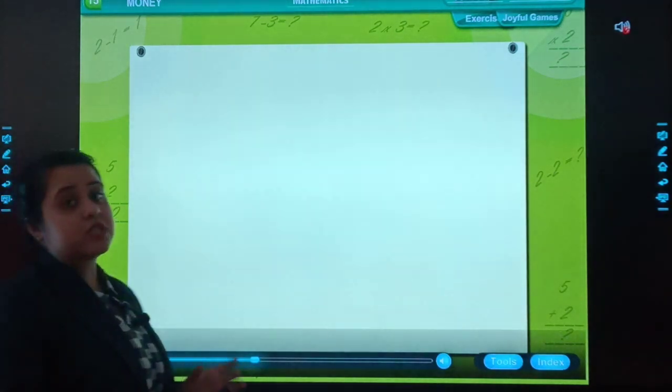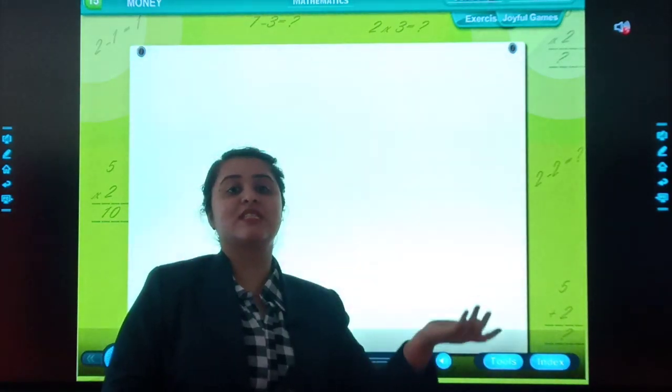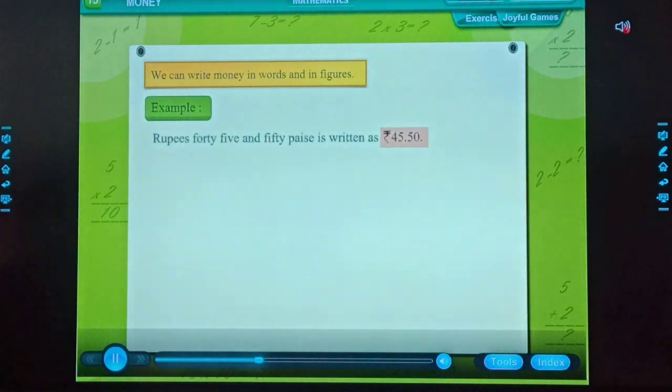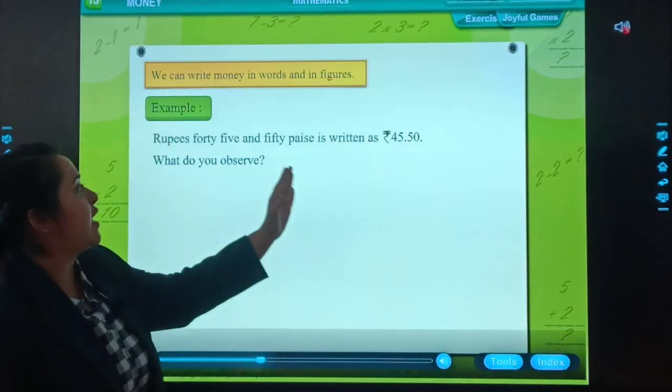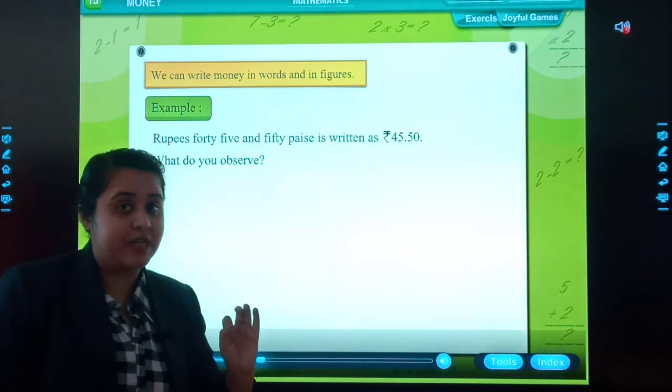So now students, we will see how to write or pronounce money. We can write money in words as well as in figures. We will see the explanation now. Rupees 45 and 50 paisa is written as we use the symbol of rupees.